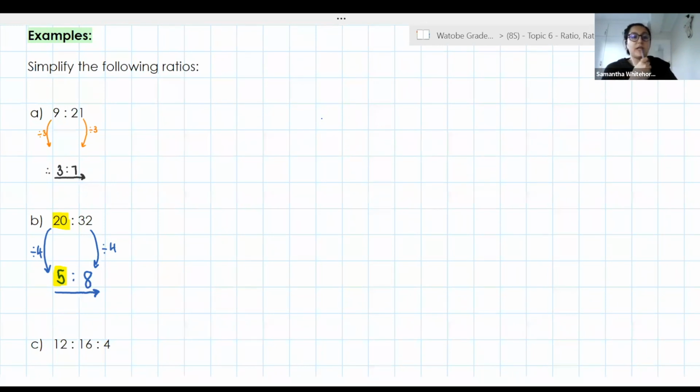So grade 8, you're trying question C, which now is the ratio with 3 numbers. So you have to find a number that divides into 12, 16, and 4. While you're trying that, if anyone has any questions they want to ask me, now is the time to do it.